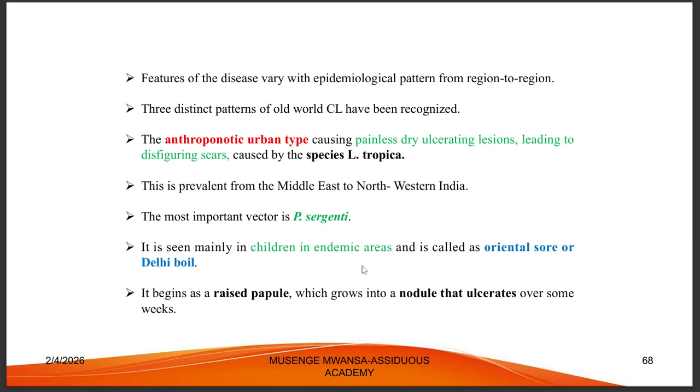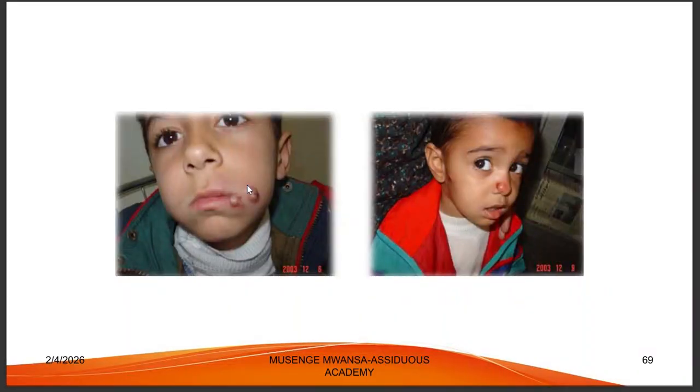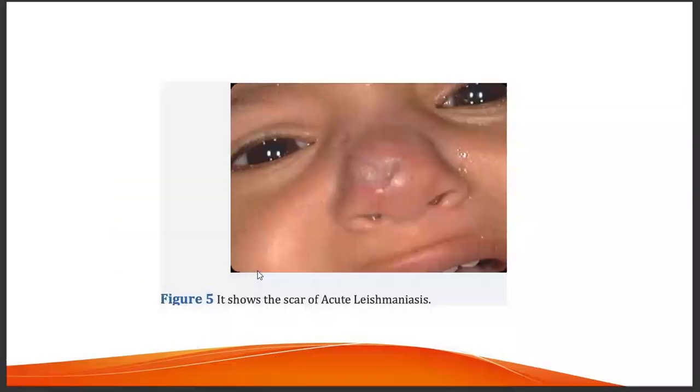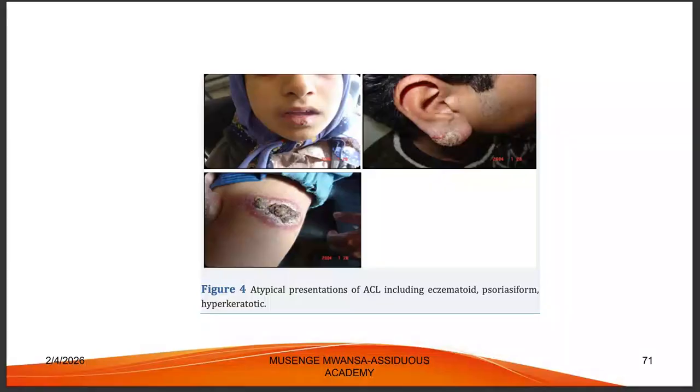Children in endemic areas are going to have what we call the oriental sore or the Delhi boil, which is a raised papule that can grow into a nodule and later on become an ulcer. You can see this is a papule on the mouth, which can grow into a nodule and then become an ulcer. You can see here the scar on the nose because of cutaneous leishmaniasis.